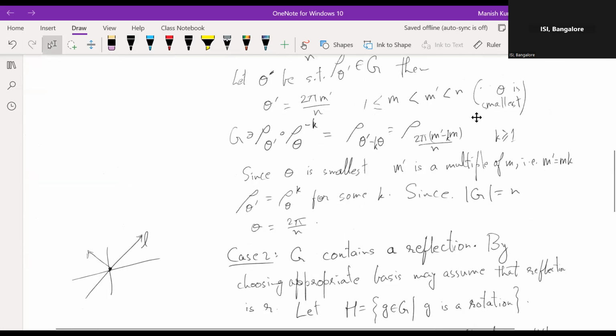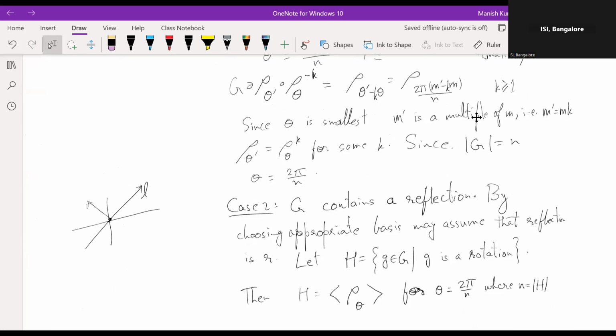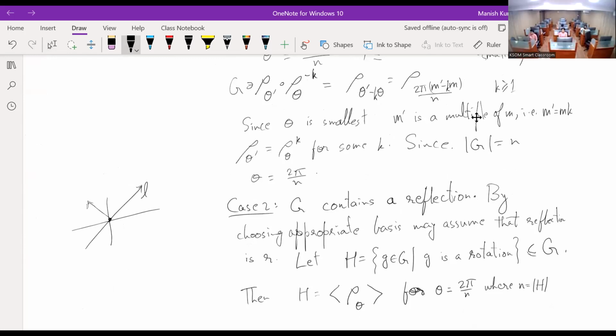Now take H to be those elements of G which are rotations. As I said, this is a subgroup of G. Are you still with me? Can you hear me? Okay. As you can see, H is a subgroup of G because it contains identity, and the composition of two rotations is a rotation.